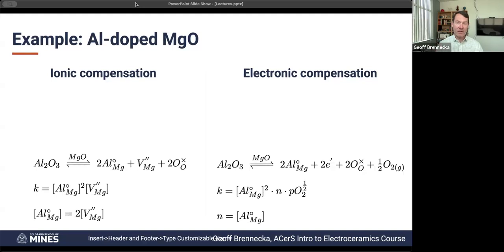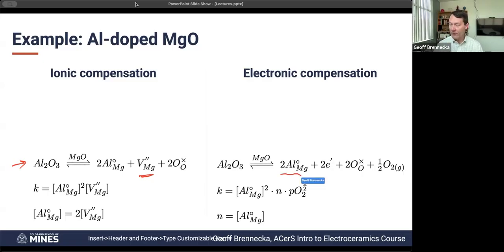The way that we do this is, okay, it's a thought experiment. If I put aluminum into magnesium oxide, as I've got drawn here, and it is ionically compensated by forming magnesium vacancies, what would that look like? And then we do the thought experiment for the alternative option. Well, I put alumina into magnesium oxide.